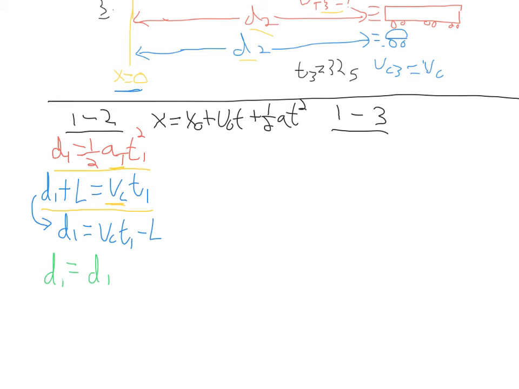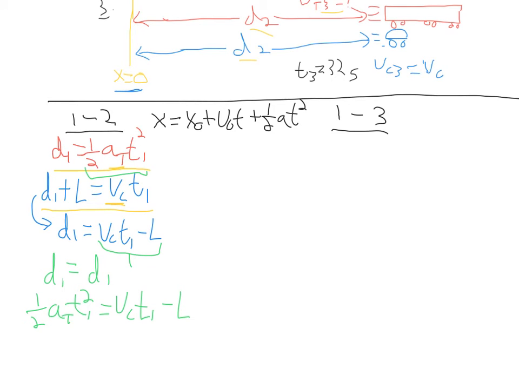And so, oh, there's the train again. So d1 is equal to 1/2 the acceleration of the train times t1 squared, and that's going to be equal to d1, which I have here as well, which is the velocity of the car times t1 minus L, the length of the train.